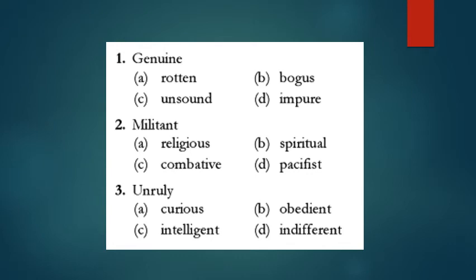Genuine: rotten, bogus, unsound, impure. Militant: religious, spiritual, combative, pacifist. Unruly: curious, obedient, intelligent, indifferent.